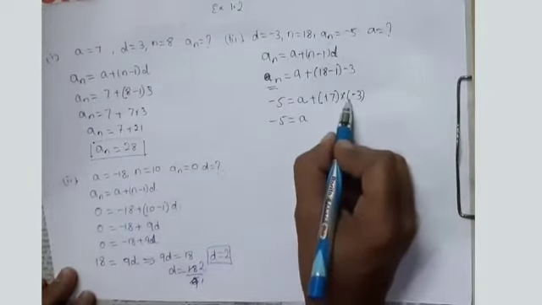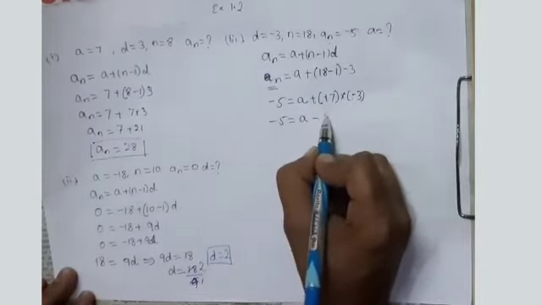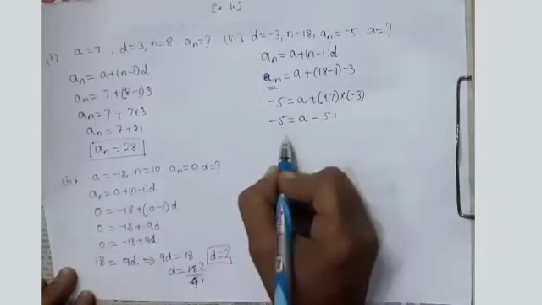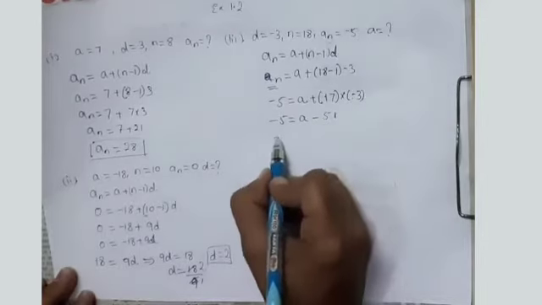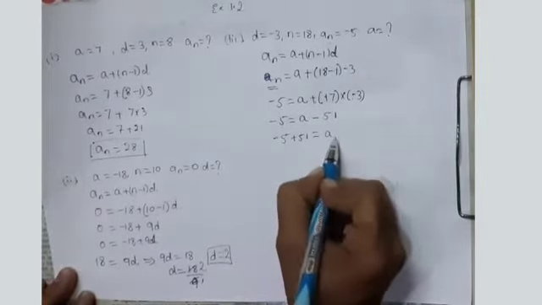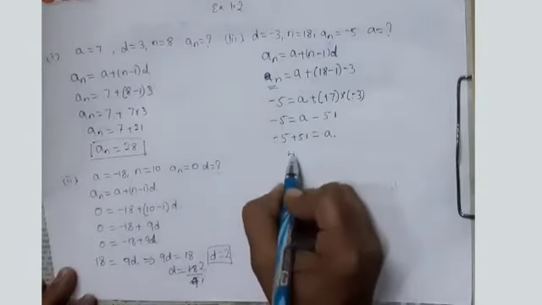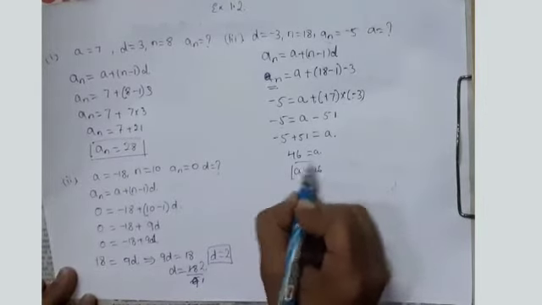But plus into minus is always minus. So minus 5 is equal to A minus 51. From here I will transpose this 51 from RHS to LHS. It will be minus 5 plus 51 which is equal to A. So, minus 5 plus 51 gives us 46 is equal to A, or A is equal to 46.